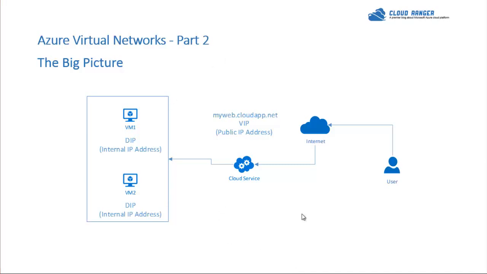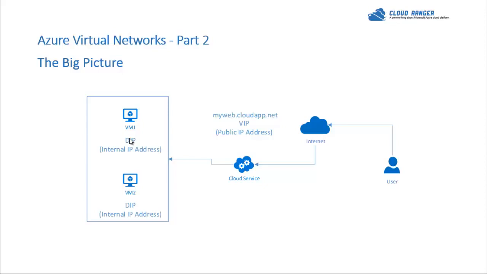So myweb.cloudapp.net would come to both of those virtual machines depending on which endpoints are open on these ones. So obviously it could have separate endpoints open from these virtual machines because the endpoints are open from the virtual machines' perspective.